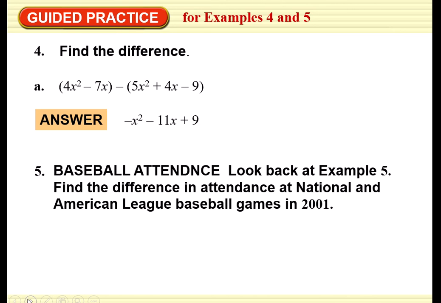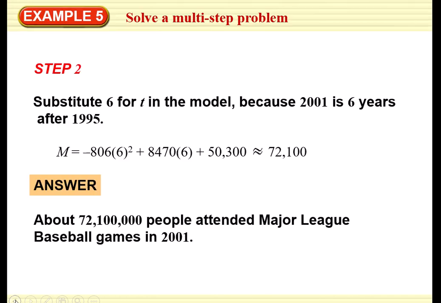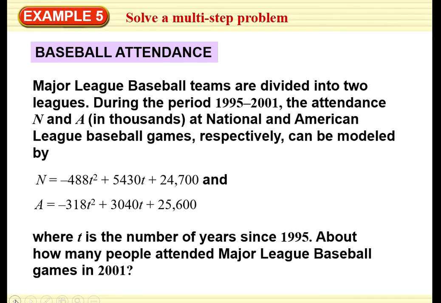Alright, and then let's look at guided practice number 5. Look back at the last example with the baseball attendance and find the difference in the attendance at National and American League baseball games. So I'll go ahead and scroll back here to the two models.